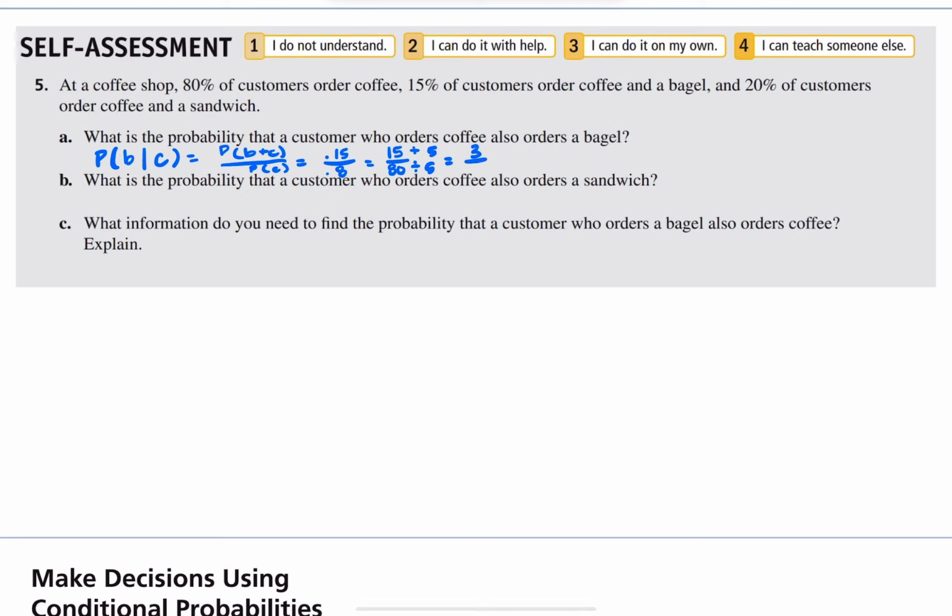So 3 over 16, which we can rewrite as a decimal. 3 divided by 16 is 0.1875, or about 18.75%.